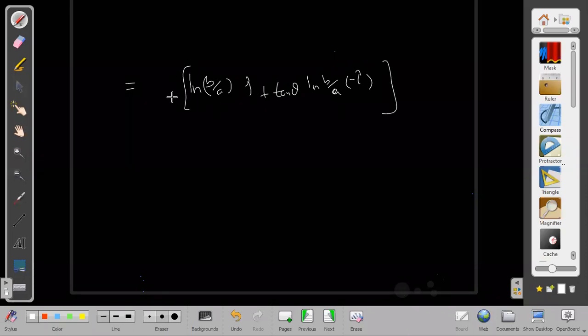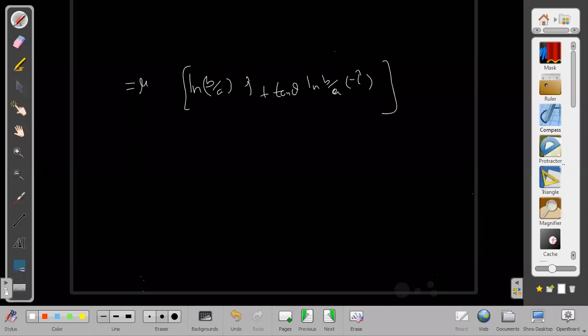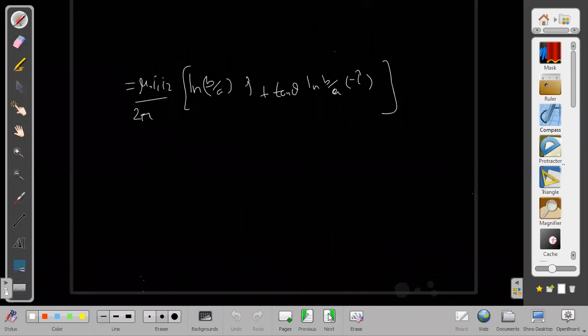And this whole term is multiplied by what is coming outside: mu naught I1 I2 divided by 2 pi. That only, because x is already integrated here, by which we are getting the log term. So we are getting mu naught I1 I2 upon 2 pi. This is what we are getting.